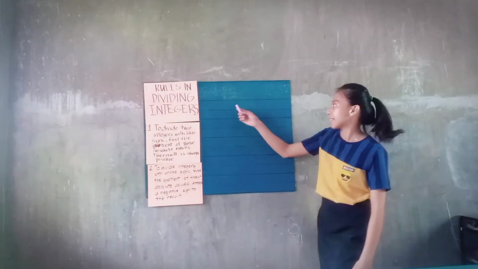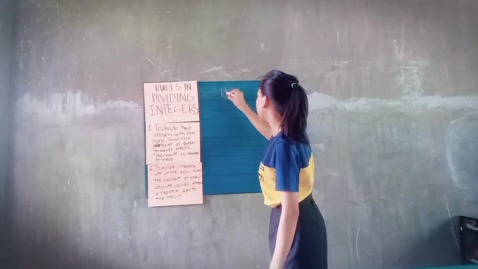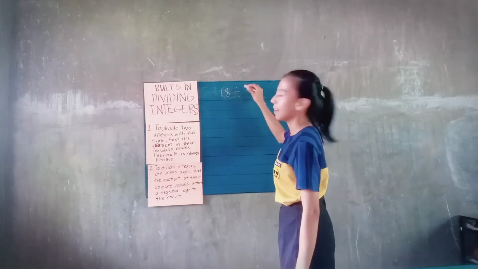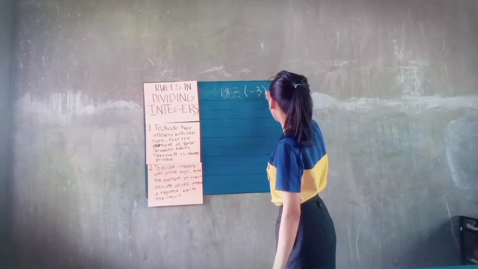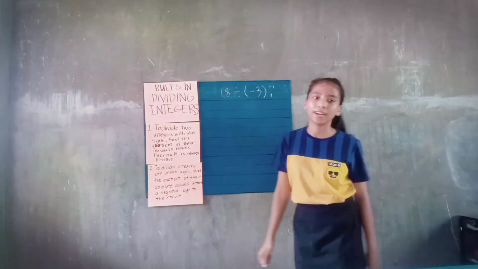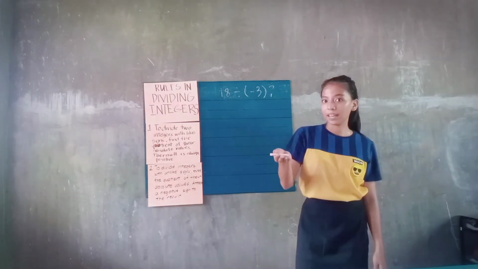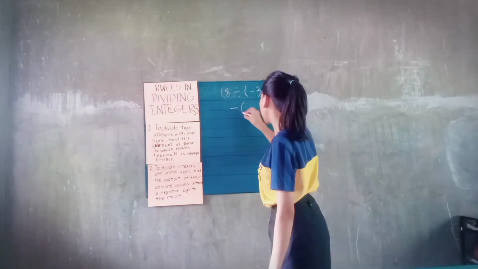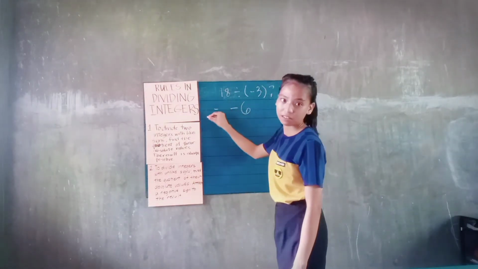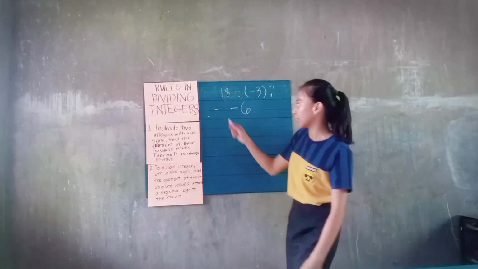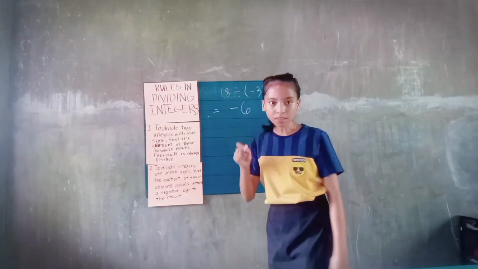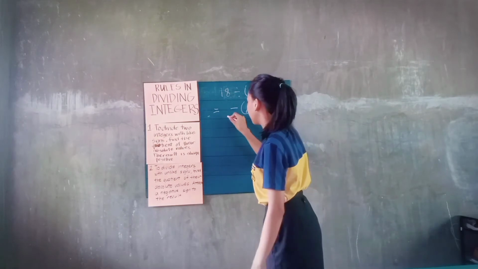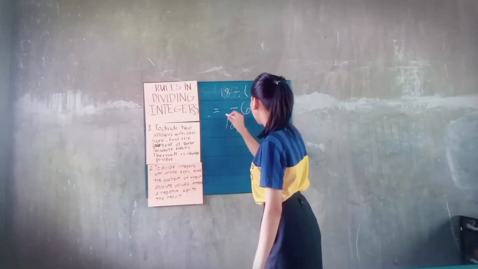Okay? Example. Positive 18 divided by negative 3. What will be the answer? Okay? Okay, very good. The answer will be negative 6. Why? Okay, ganito ang solution. Kukunin muna natin yung.